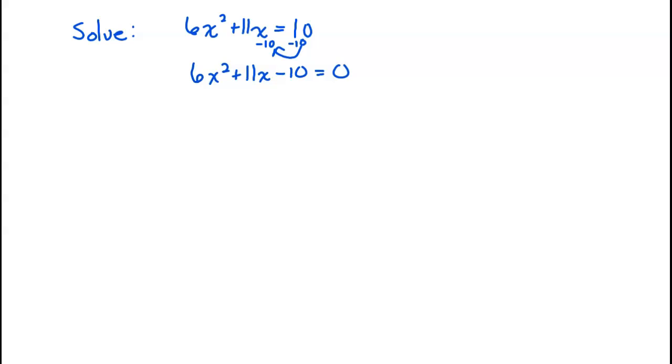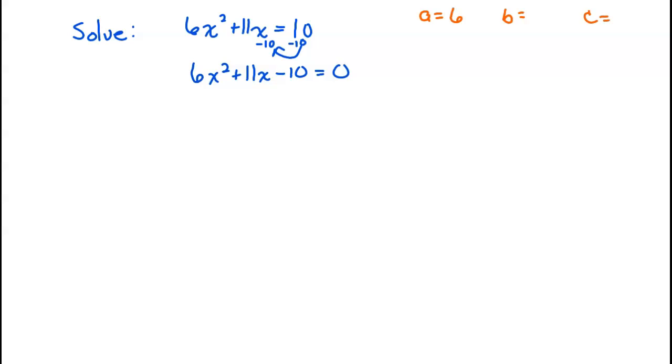Now I need to factor this thing. There are multiple ways of factoring. There's the AC method, there's the trial and error method, there's the modified AC method. I'm going to do the modified AC method, in which I need to know what my A, my B, and my C are.